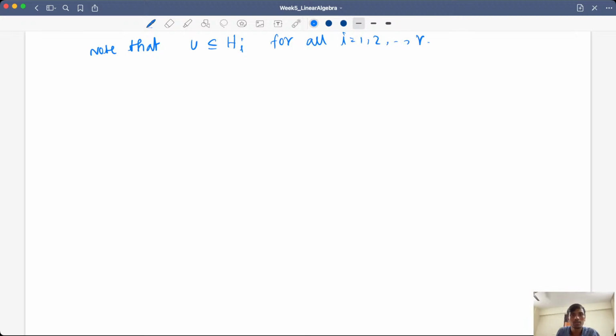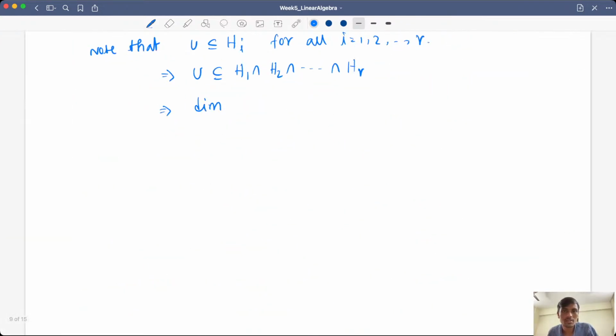So this implies that U is contained in H1 intersection H2 intersection Hr, and also I know the dimension of U is n minus r.